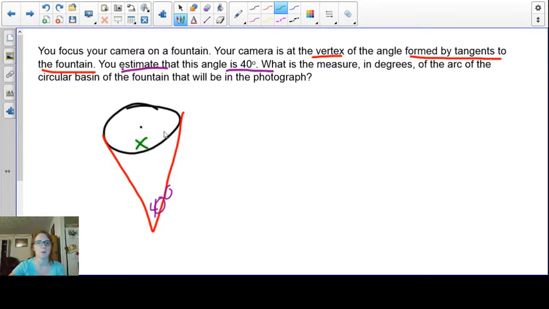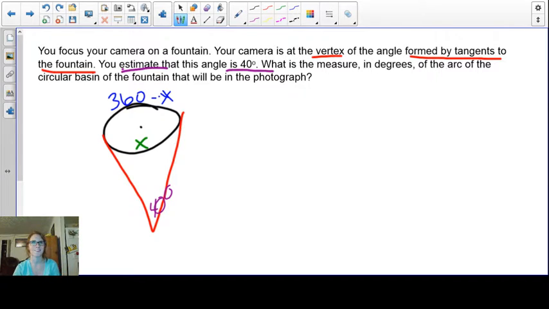So let's pretend for a moment that I told you that this was 20 degrees. How would I know how to find the rest of my circle if I know part of it's 20? Well, I would take 360 minus 20, right? Okay, well, if I'm looking for this arc of what's going to be in my picture is x, doesn't that mean that the rest of my circle is 360 minus x?